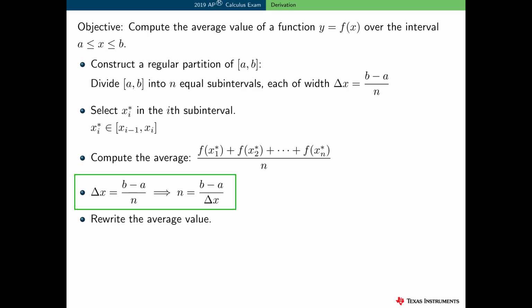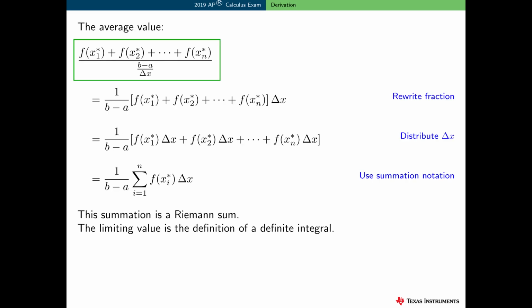Because delta x is equal to b minus a divided by n, we can solve this expression for n. And let's use this expression for n to rewrite the expression for average value. Here's the average value of the n numbers, with the expression for n in terms of b and a and delta x in the denominator.